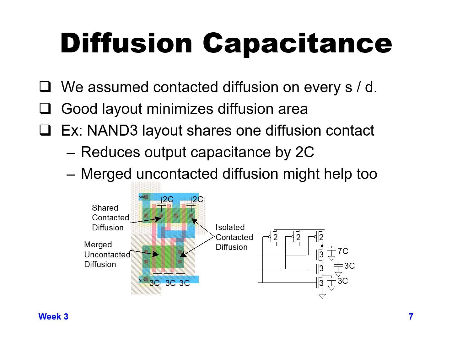So the leftmost PMOS and the middle PMOS are sharing an output contact. So instead of each of them having a 2C diffusion capacitance, they only have a single 2C capacitance. So this reduces the amount of total capacitance on the output node.